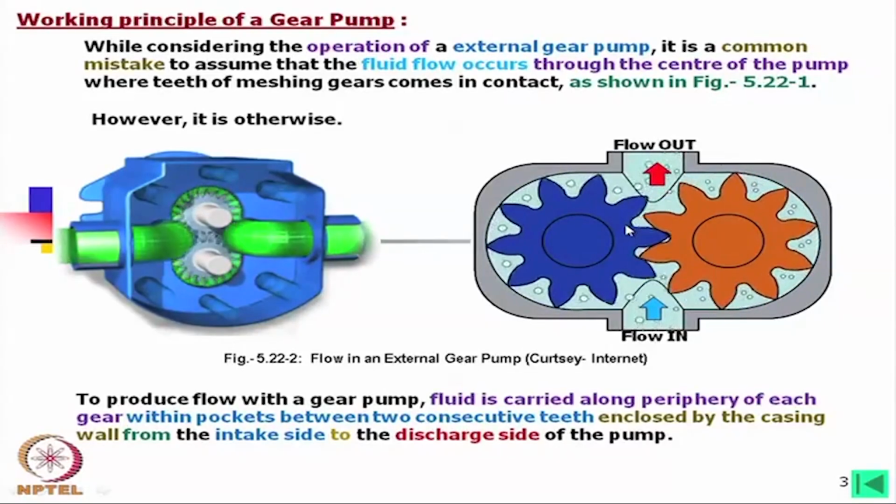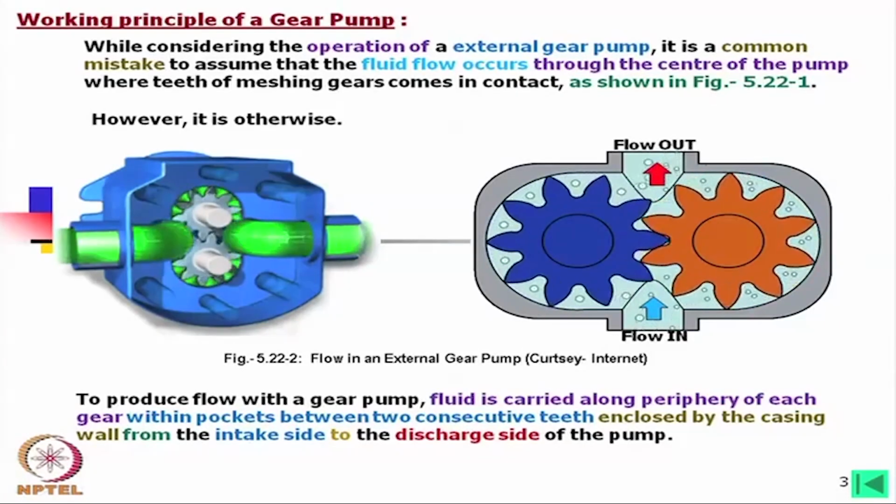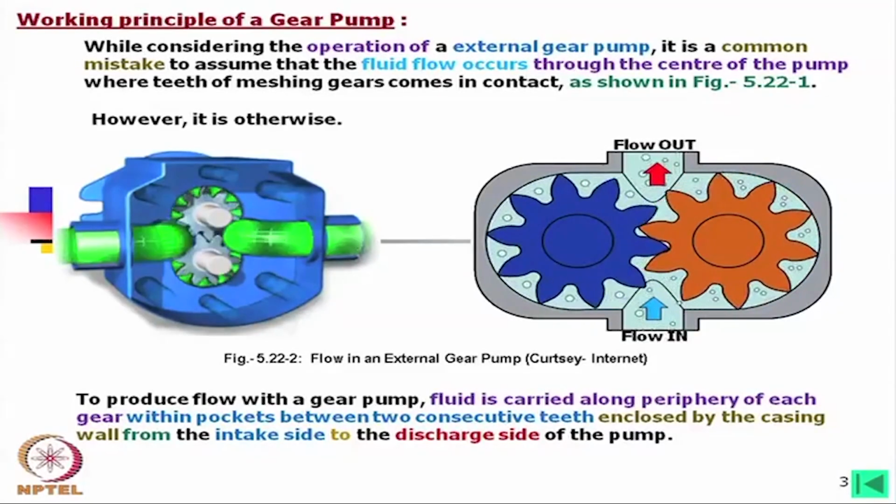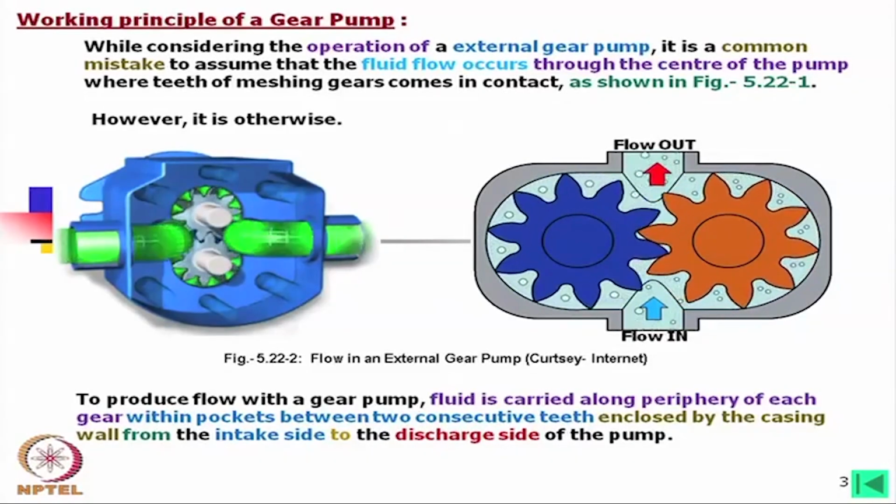So, one may consider that to be the number of chambers in a gear pump. The number of chambers is high, and as we have learned earlier, with an increased number of chambers, ripple reduces.